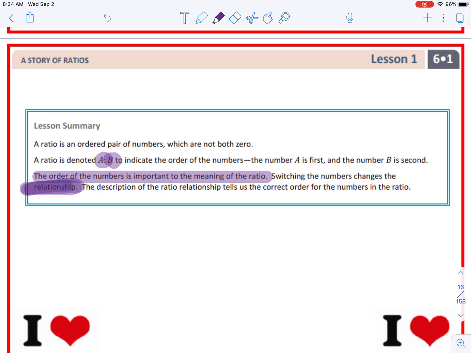The key word here is relationship, guys. A ratio is just showing the relationship between two different values. And the description of a ratio relationship tells us the correct order for the numbers in the ratio. So when you write descriptions for a ratio, make sure you're talking about them in the correct order.